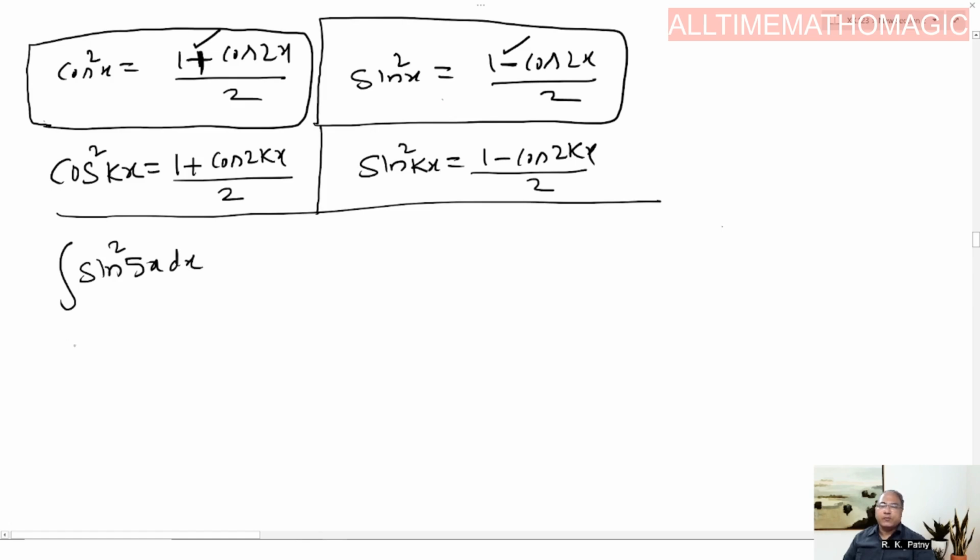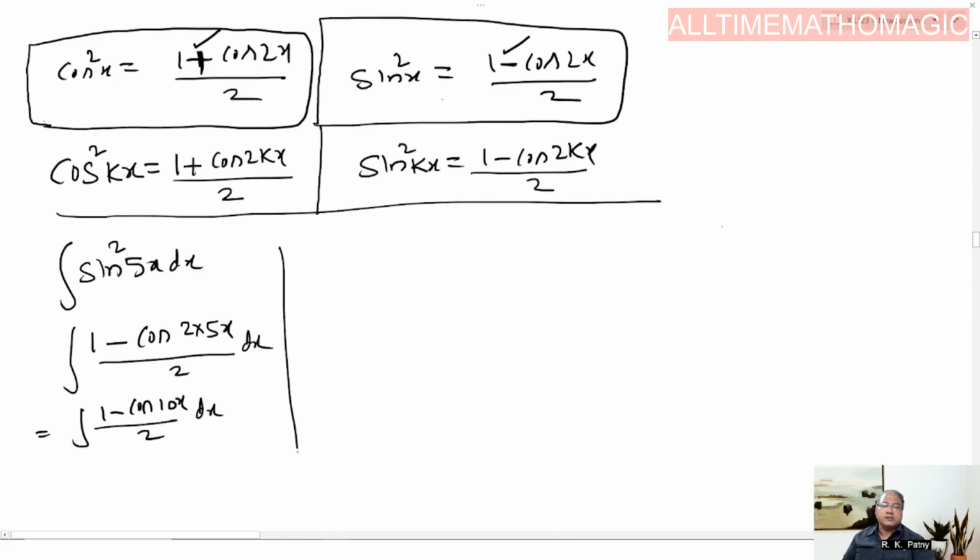First of all, convert into the simple form: sin square kx is nothing but 1 minus cos 2kx upon 2. The k value is 5 here, so 1 minus cos 2 into 5x upon 2 with respect to x, which equals 1 minus cos 10x upon 2 with respect to x.